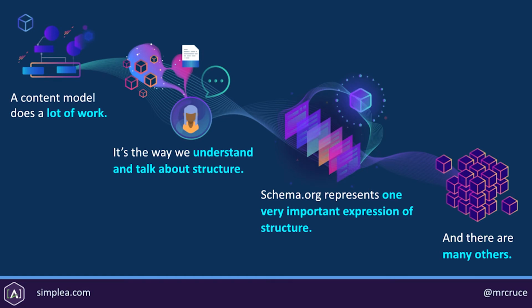It's the way we understand and talk about structure, and it's one very important expression of structure when we look at schema.org. And we will dive into how we can accomplish mappings between our elements and the schema.org elements.